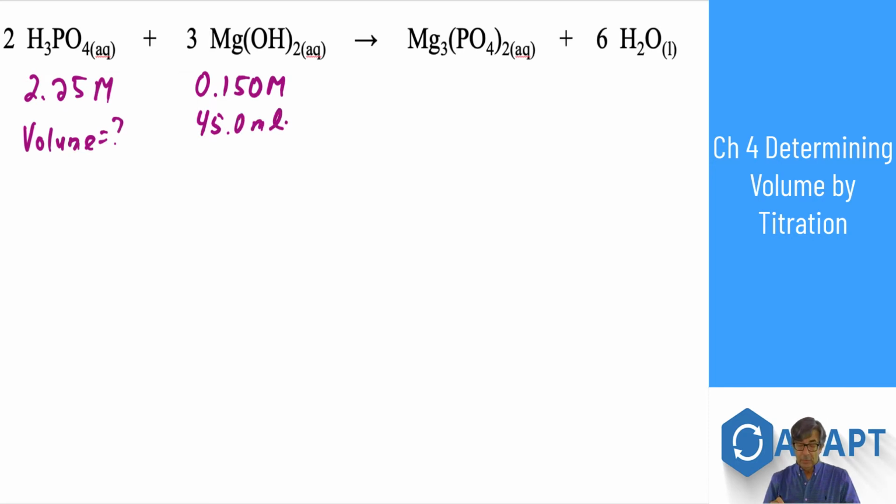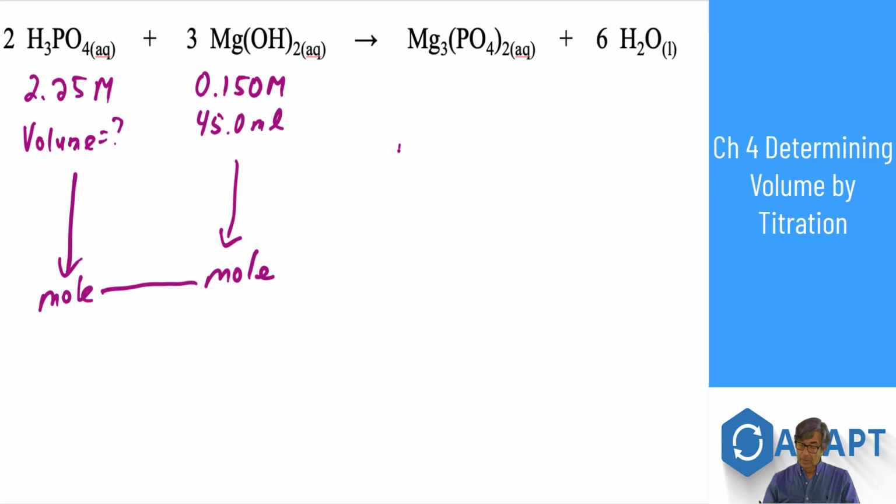So like any stoichiometric problem, we need to go from moles to moles. In this case, we're going to determine the moles of magnesium hydroxide, then determine the moles of the phosphoric acid that we need, and identify the volume.